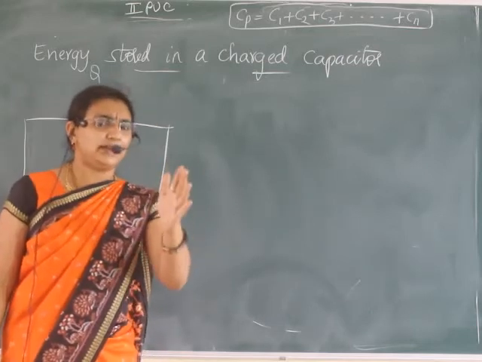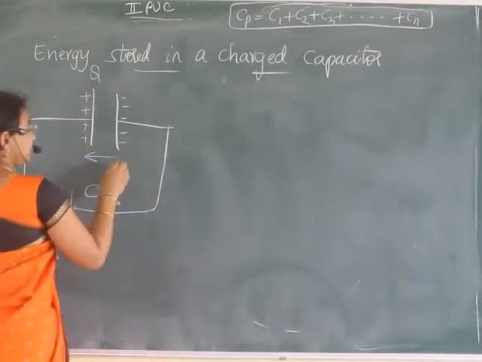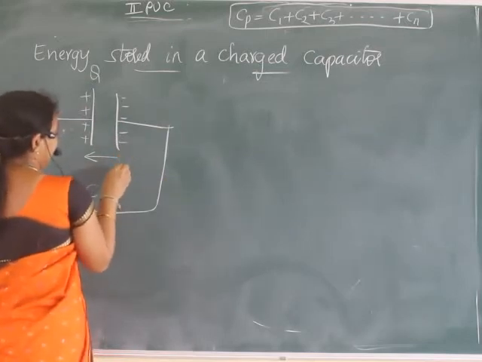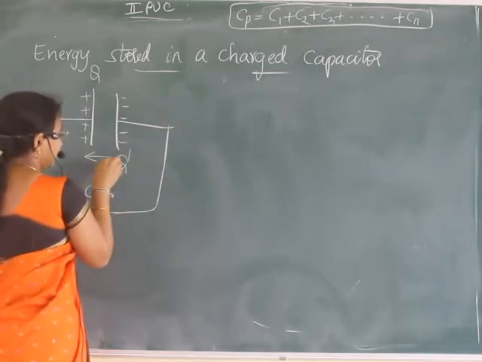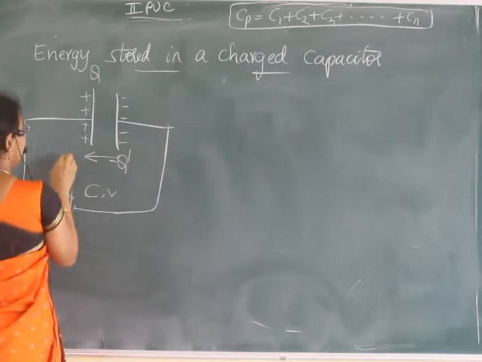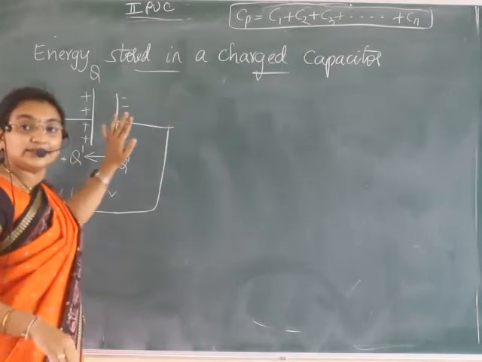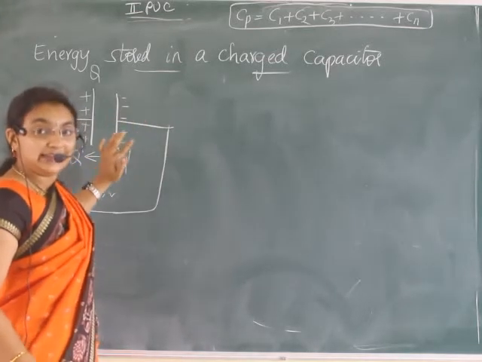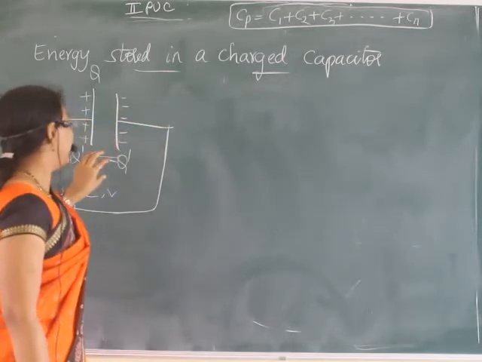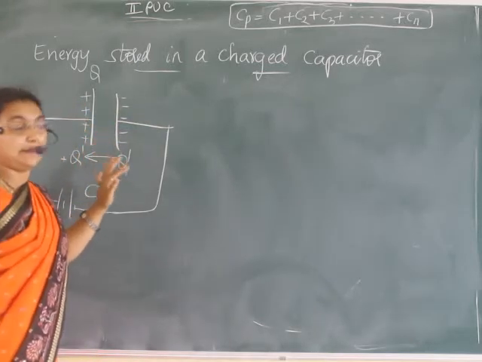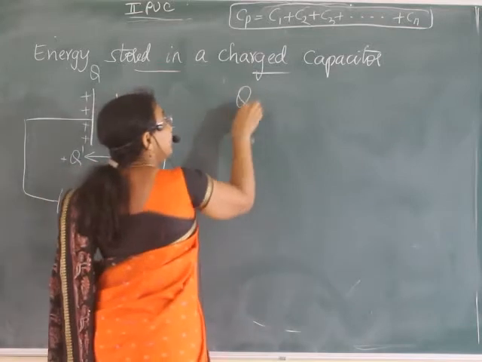Let the charge present on the plates be Q dash: minus Q dash on one plate and plus Q dash on the other.